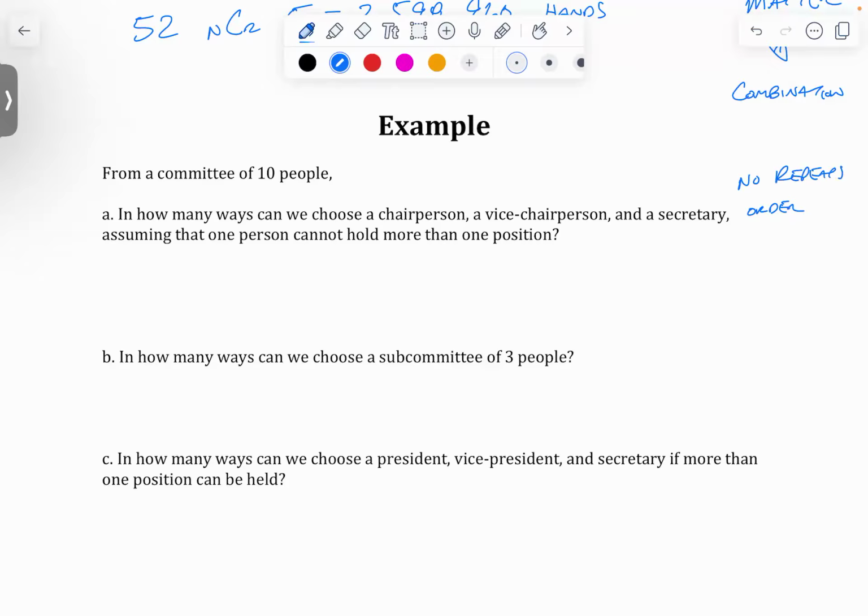And in this case, order does matter. That means this first situation is a permutation. So that would be 10 nPr 3. 720 ways.